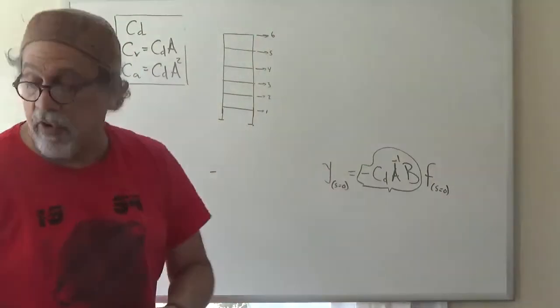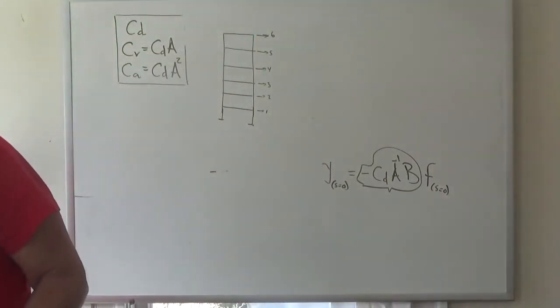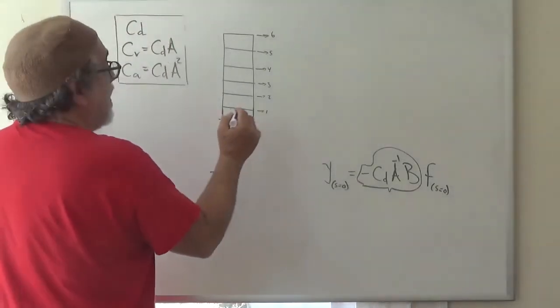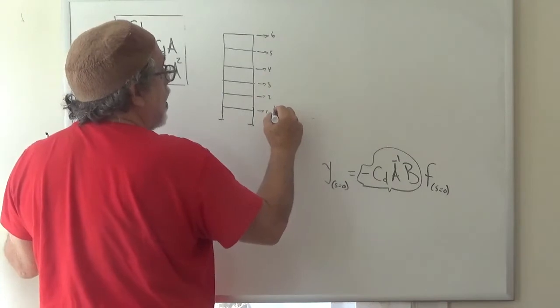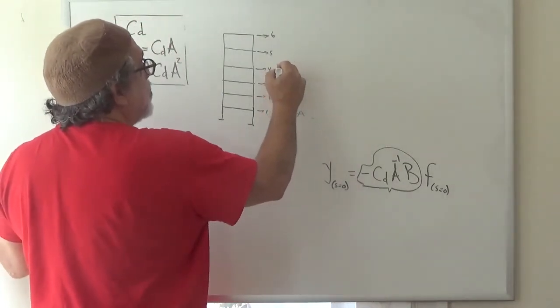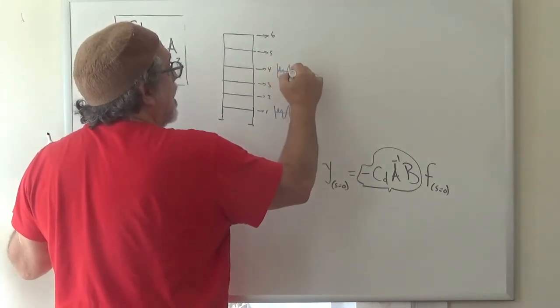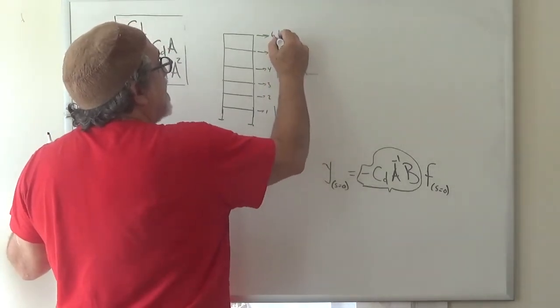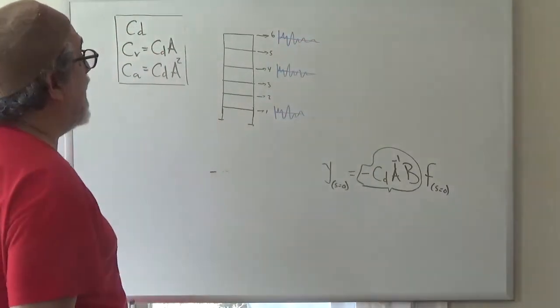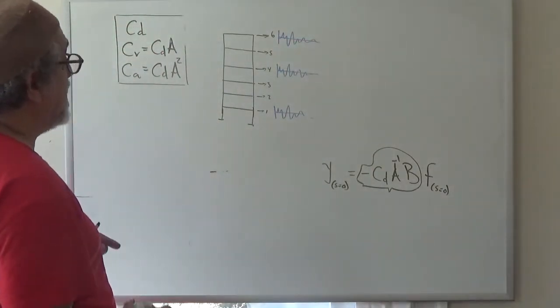Those are the degrees of freedom. Let's say that our sensors are in blue and that we have a sensor at 1 and a sensor at 4 and a sensor at 6. So we have measurements at 1, 4, and 6.